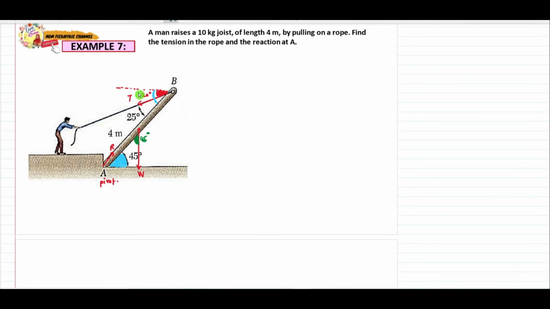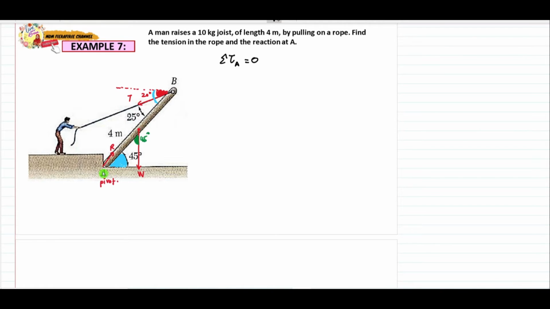So we want to find tension. Alright, so I will start with total torque. Saya nak mulakan dengan total torque. Since the pivot is at A, so saya tulis total torque A is equal to 0. And then look at the diagram here.